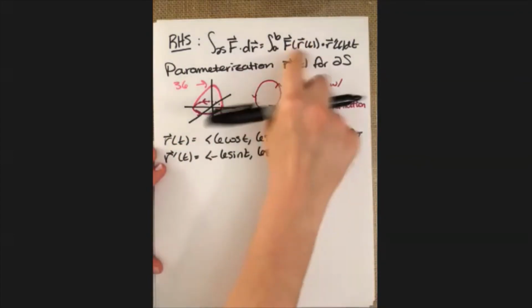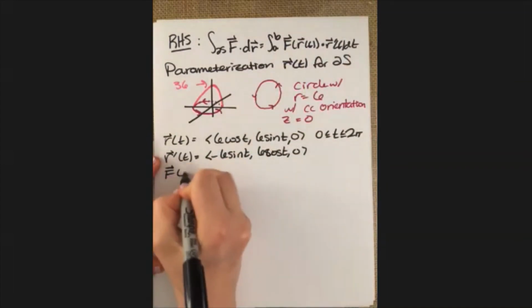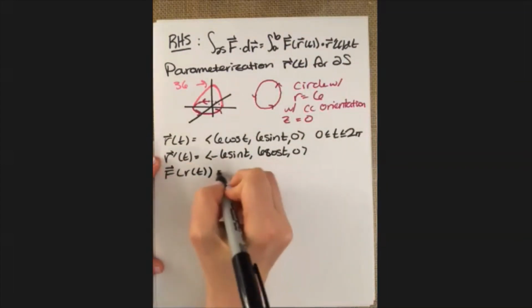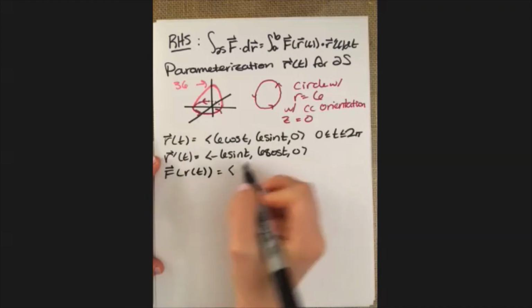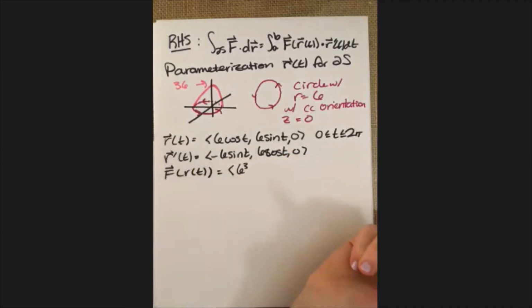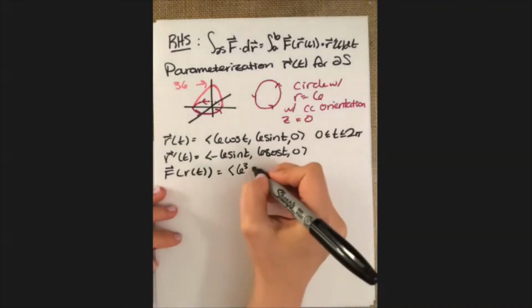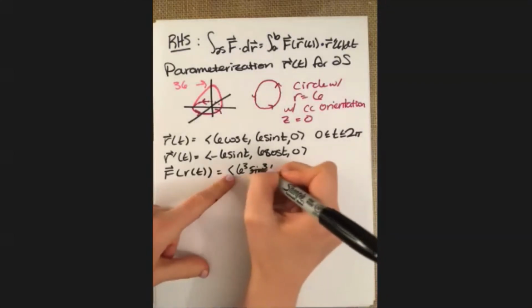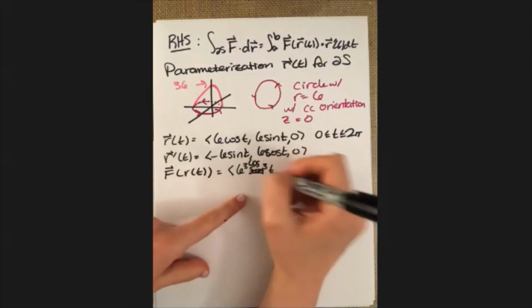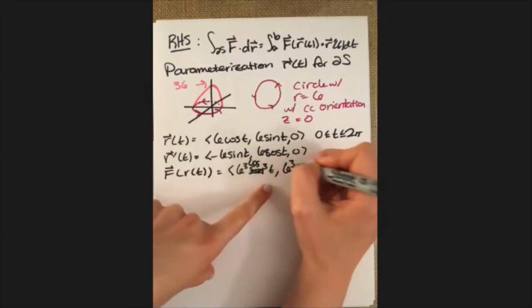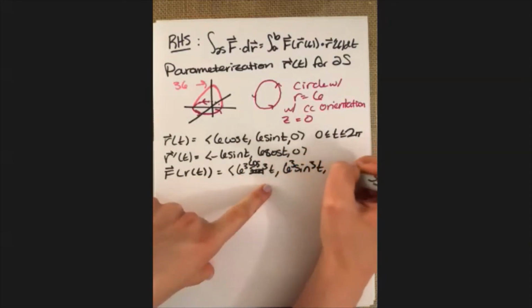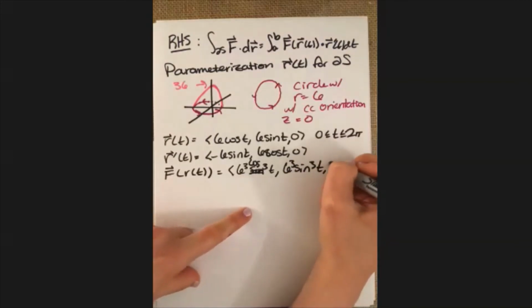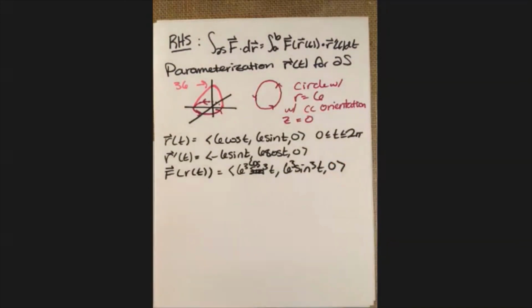And then if we take our vector field and plug those pieces in, what we're going to get out of that will be, I'm just going to put 6 cubed because I don't really want to compute that, sine cubed t. Oh, not sine, that should be a cosine, sorry. So cosine cubed t, and then 6 cubed sine cubed t, and then our last component there is 0. So now we're ready to go ahead and set up our integral.